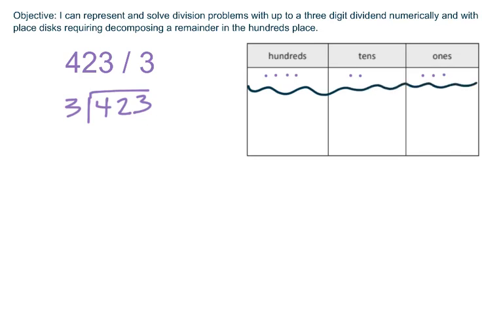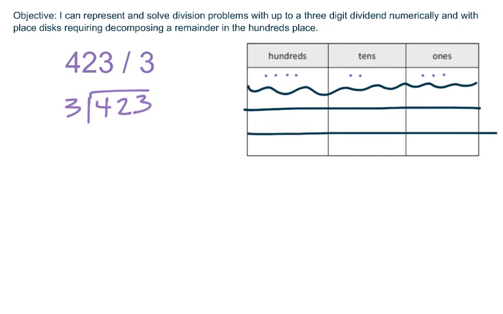Draw my line. Now I'm thinking to myself, how many groups am I going to divide this into? Well, I'm dividing by 3, so I'm going to be distributing these place value discs into 3 groups. We're always going to start with the largest place value in case we have to unbundle, because we cannot have remainders in any place value except for the ones.